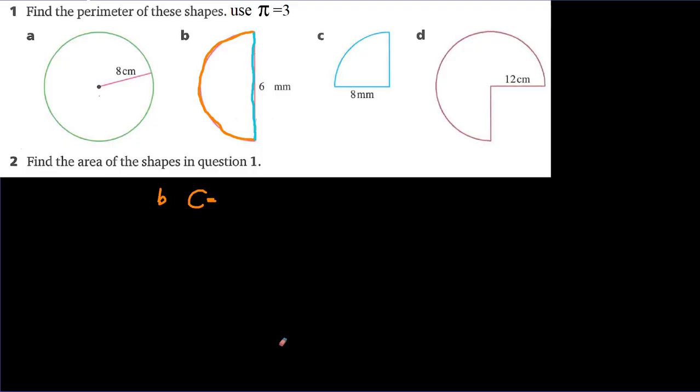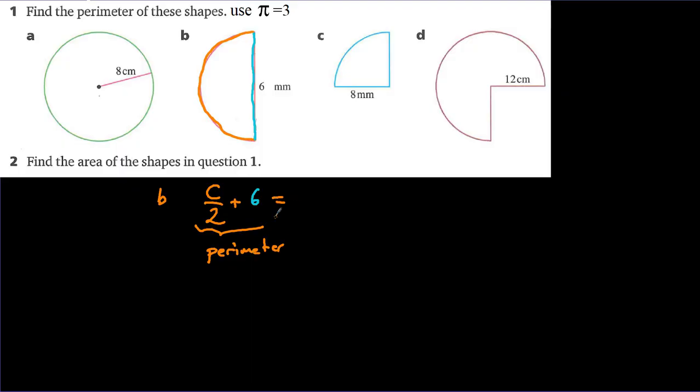The half circle is circumference over 2, plus the diameter, which is 6. This is the perimeter of the figure.